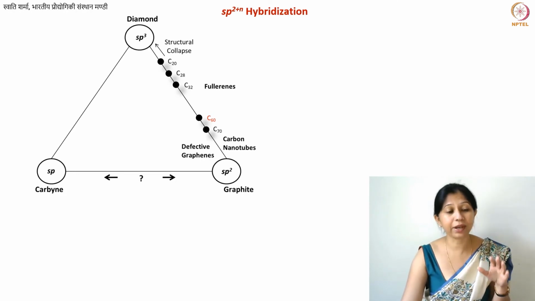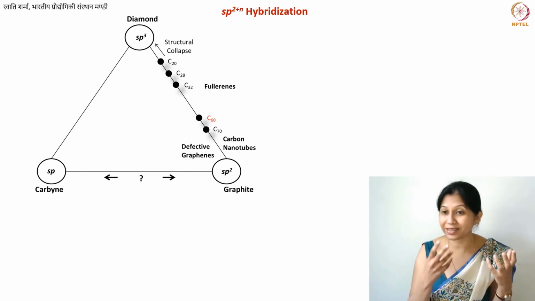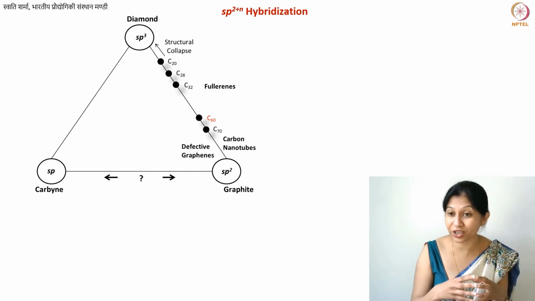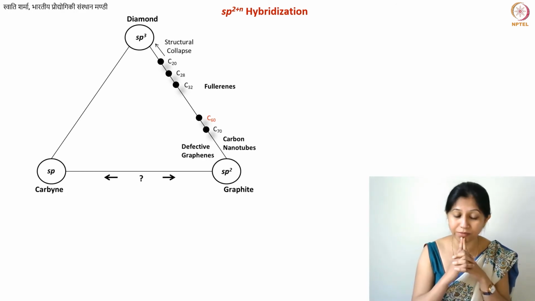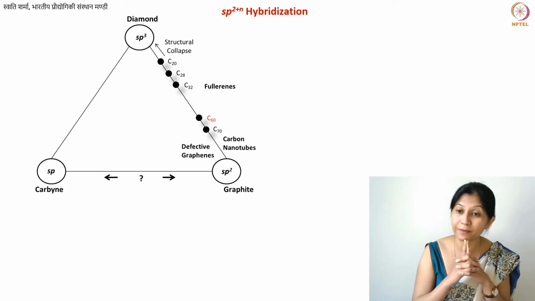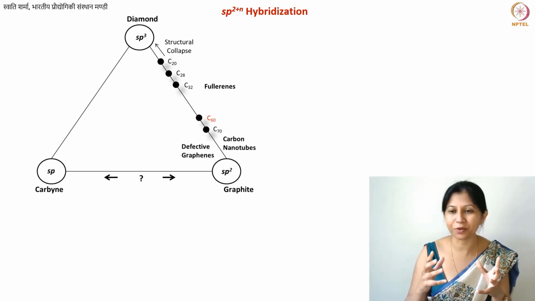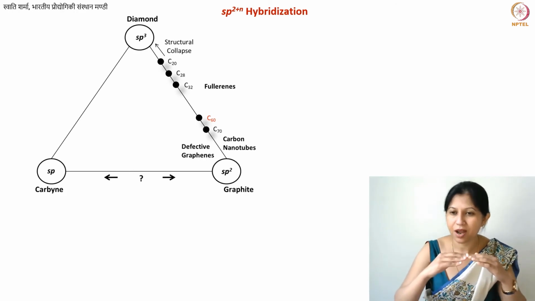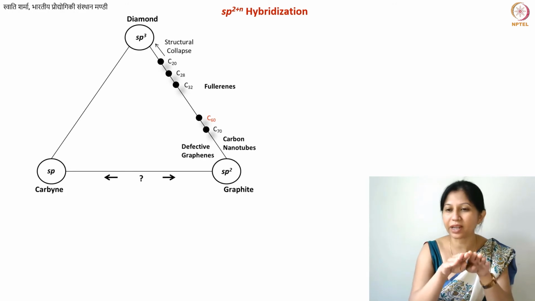Now, what will happen if you keep on increasing the curvature, or if you keep on increasing the angle of pyramidalization? So let's say in the case of C60, you have 11.6. Anything below 11.6 is also possible. So if you have a little bit of curvature after graphite, you can have a sheet which is more like a tube.